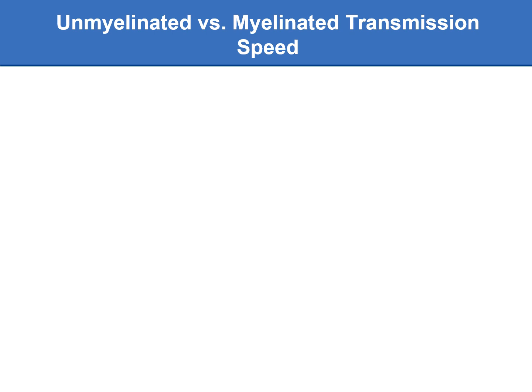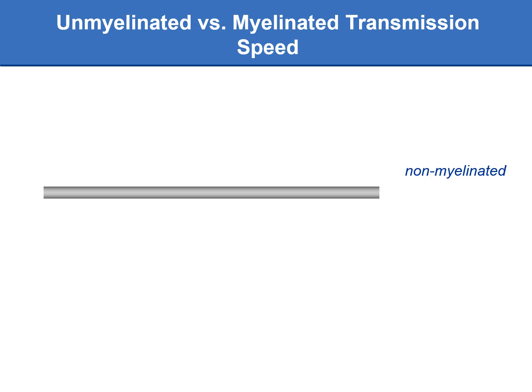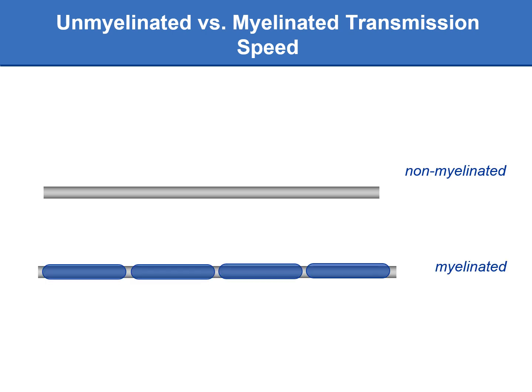Okay, so here's just an animation that shows the transmission speed in the non-myelinated axon versus a myelinated axon. So we're going to watch the non-myelinated axon first, and notice how the action potential has to be recreated at each point all the way down the axon.